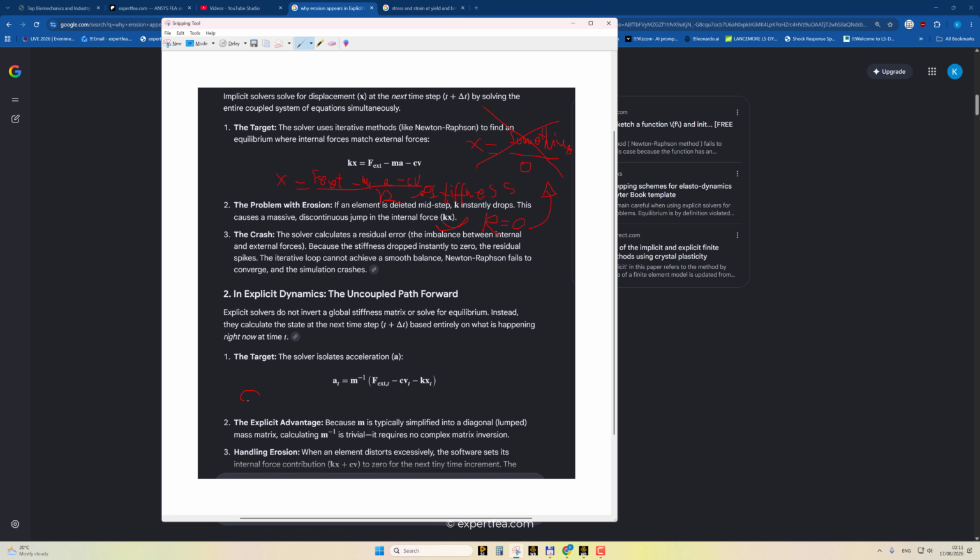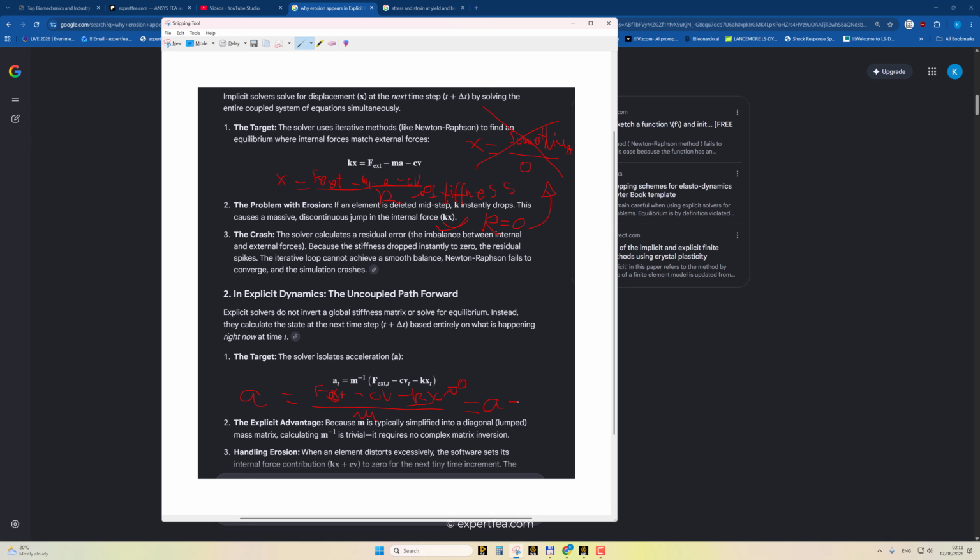Let me write this down. Acceleration equals f external minus cv minus kx, over the mass. And when this term goes to 0, there is no problem.